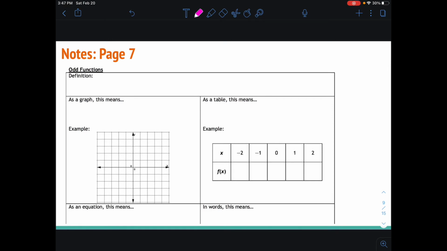Okay, so odd function is going to be similar in structure, but obviously we're going to see something different happening in terms of the symmetry. So this is a function is odd if it is symmetric about the origin.